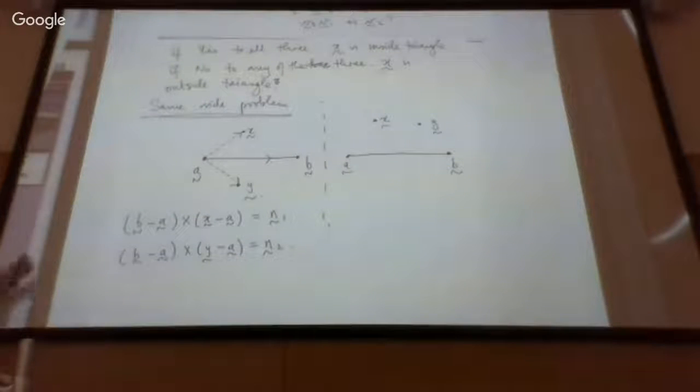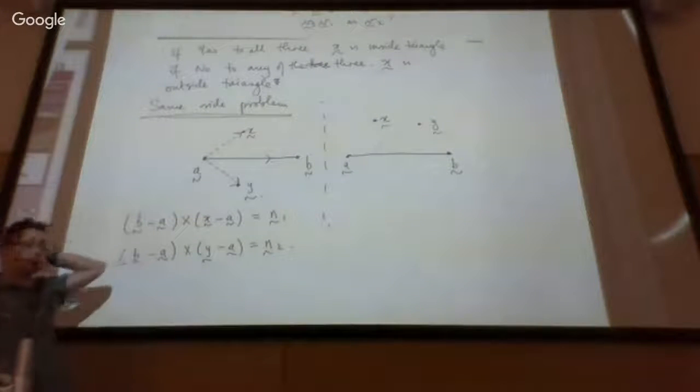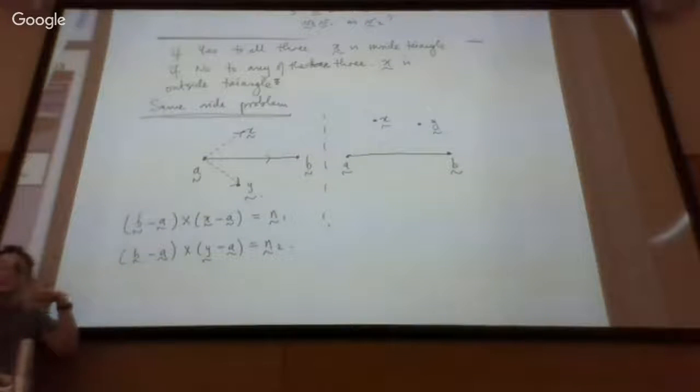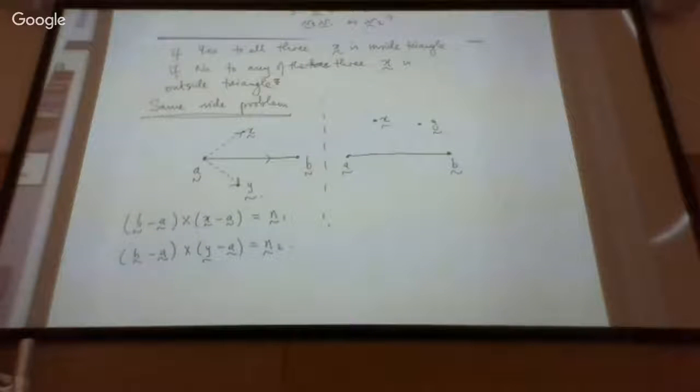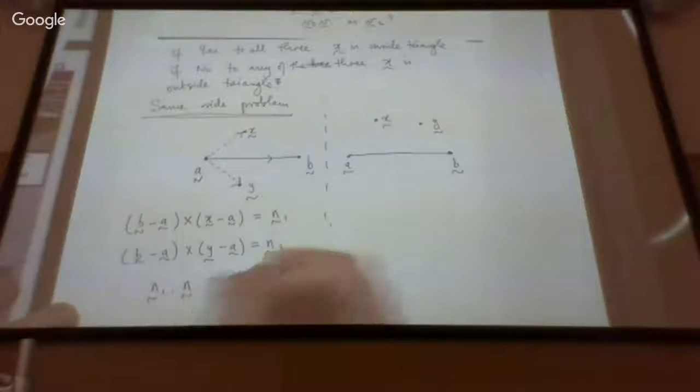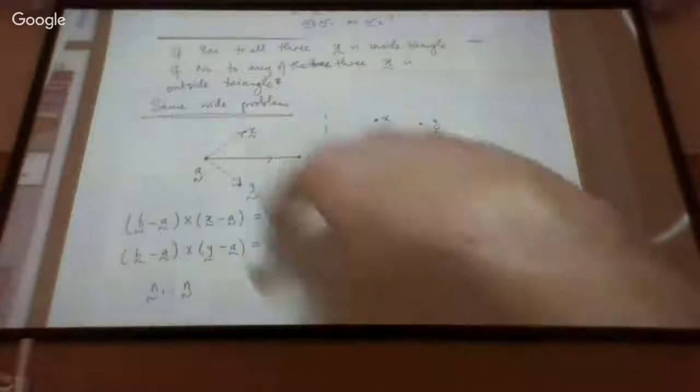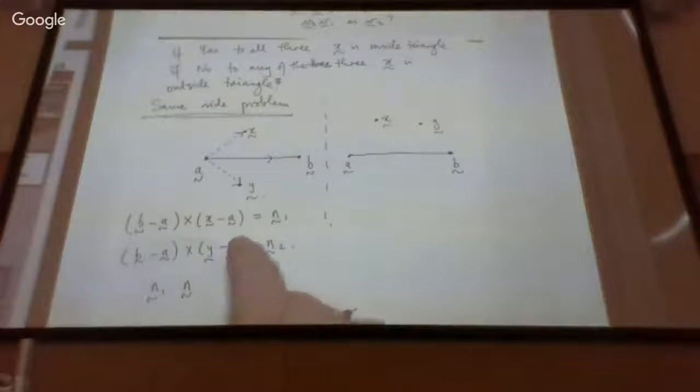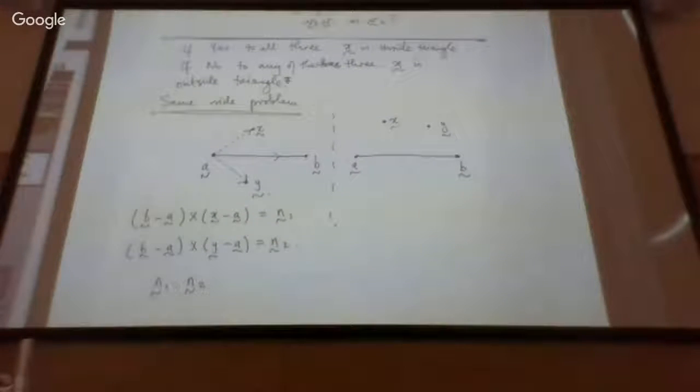Now, if x and y lie on opposite sides of the line, these two normals will be coming off the plane in opposite directions. One will be coming towards you, the other going into the wall. This can be detected by the computer. If it has the coefficients of a, b, x, and y, it can work out coefficients of the cross products and do a dot product between them.